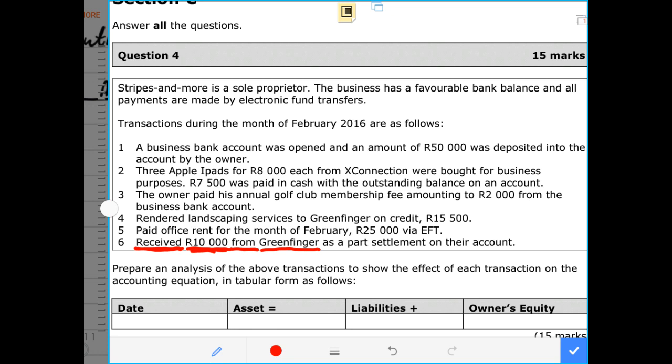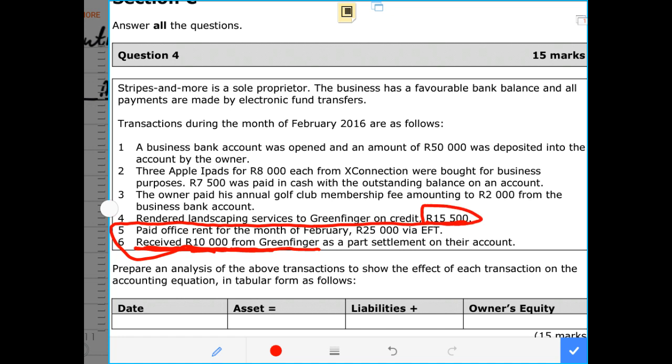So now that tells us that from the entry in number 4, where we rendered a service of landscaping to Greenfinger, we are receiving the money from that client, from that account receivable. So now the customer is coming back to pay 10,000 out of the 15,000 that he owed us because of the landscaping that was done on credit.